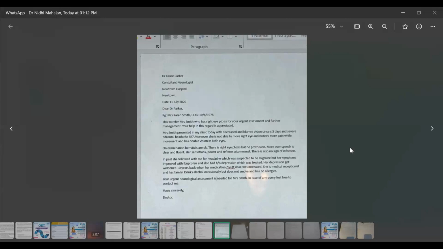Dear Dr. Parker, very good. You have to write RE, not RG. Like you are going to write regarding which patient. It means regarding. RE. Mrs. Karen Smith, date of birth is this. This is to refer Mrs. Smith, who has right eye ptosis, for your urgent assessment and further management. Your help in this regard is appreciated.